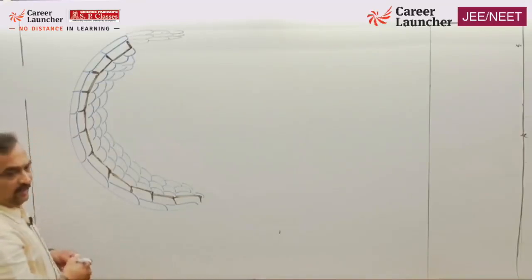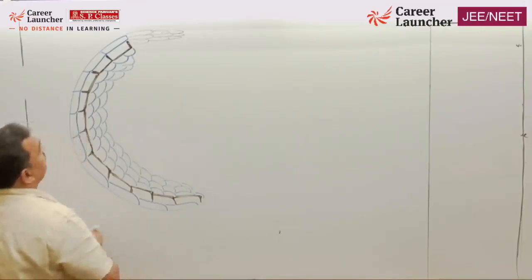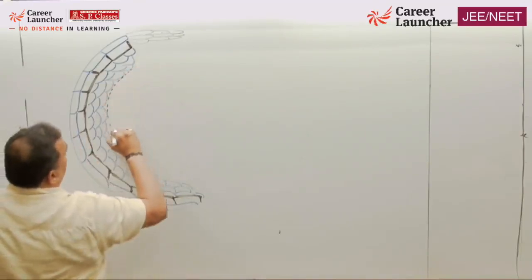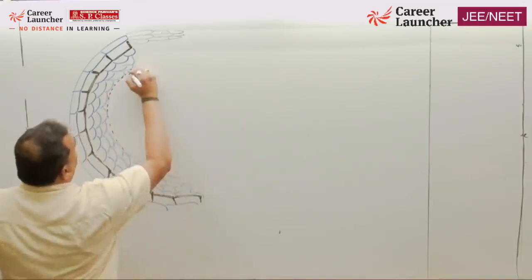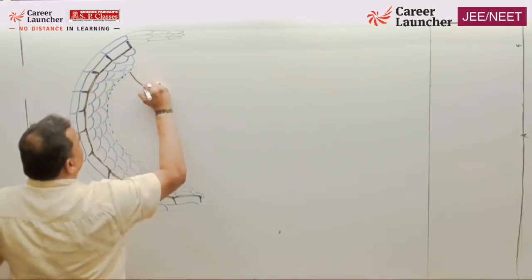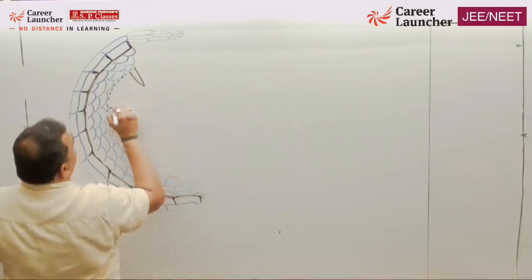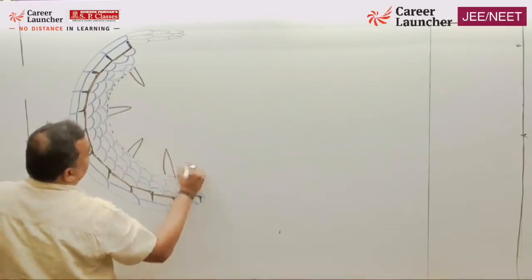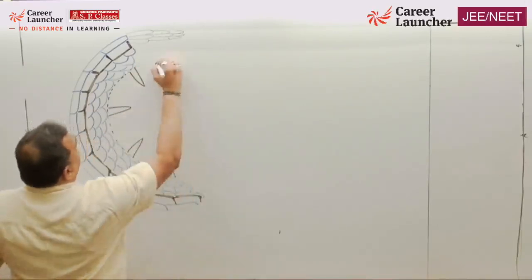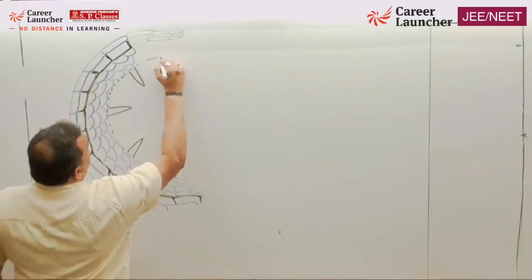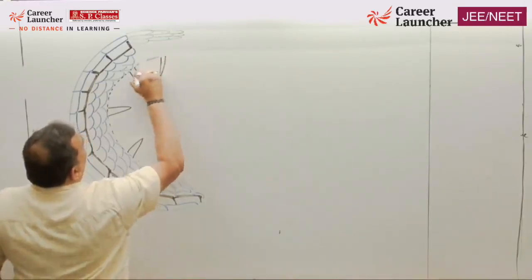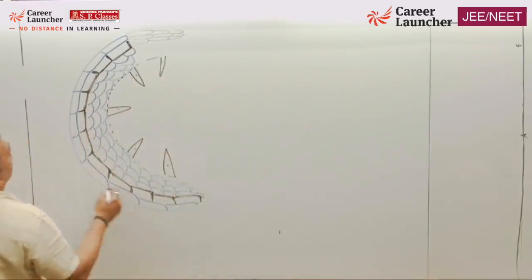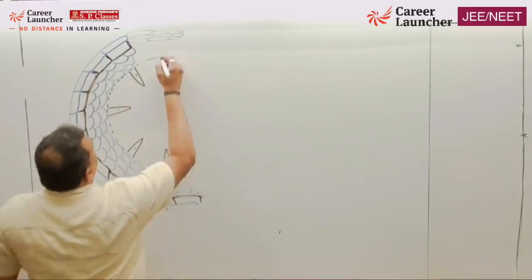Inner to that the pollen sac starts, and inside that pollen sac there are cells which are large enough, pyramidal in nature, placed at intervals. These are called cells of tapetum.